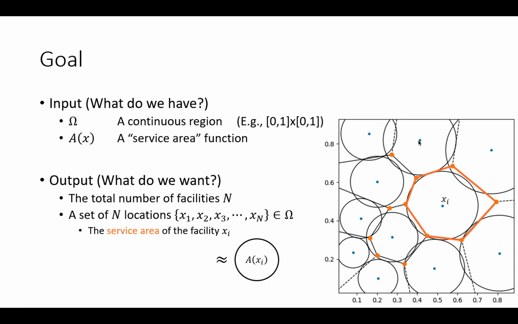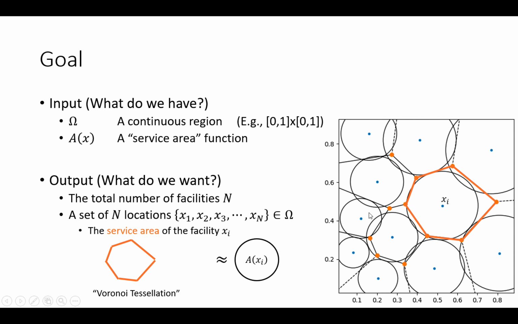Given these locations, consider this facility xi built in this position. Its service area is given by the hexagon-shaped area denoted here. So our goal is to have, for each facility, its actual service area be as close to A of x as possible.